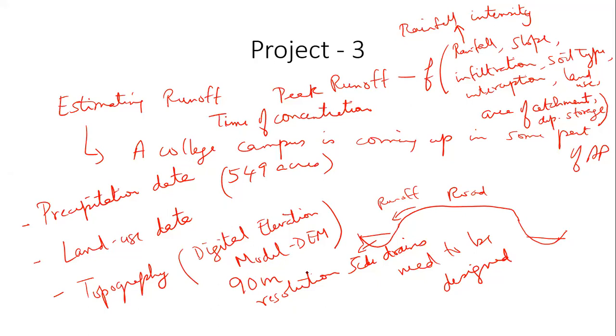Okay, so you will have precipitation data, you will have land use data, you will have topography data. What I'm expecting you to do is to use all of this information and come up with the peak runoff. So if you remember, what is the formula we can use for this?